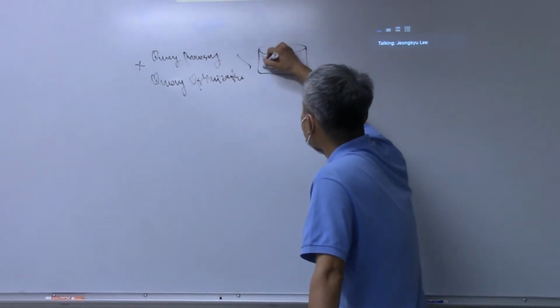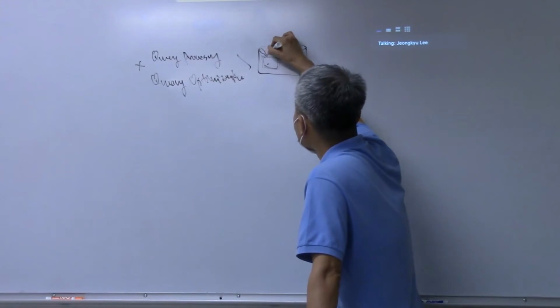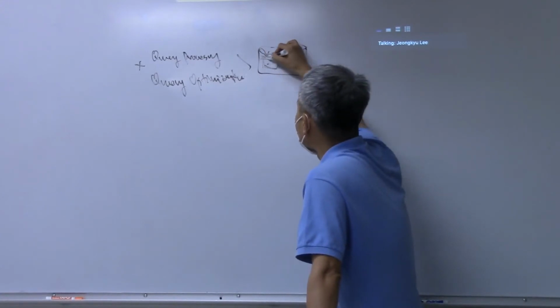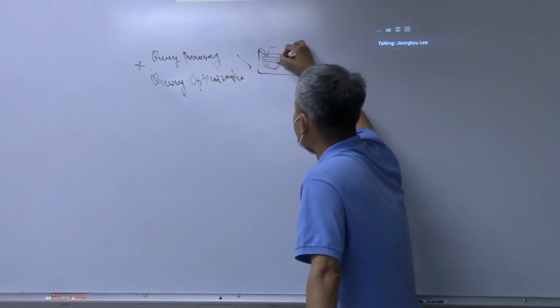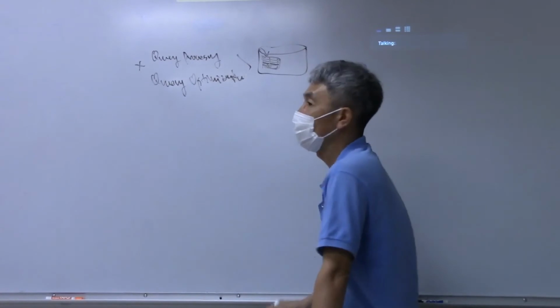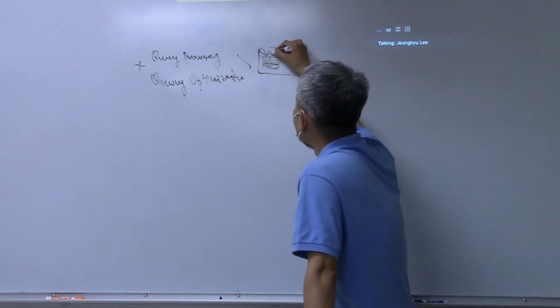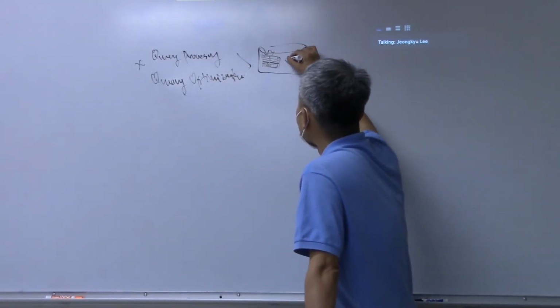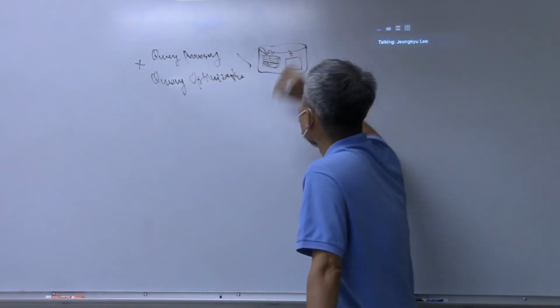Similarly, when you access the table, there are many different ways, like sequential search, binary search, and also using the index and so on. Let's say that we have 3 different ways to access a table. There's another table, 3 different ways.